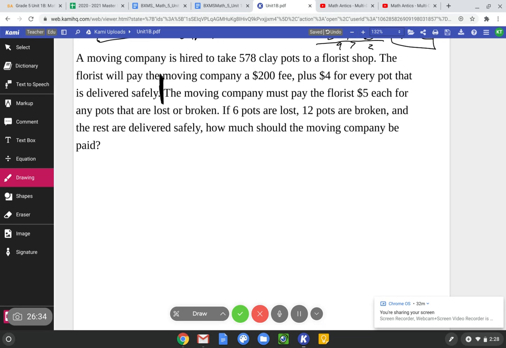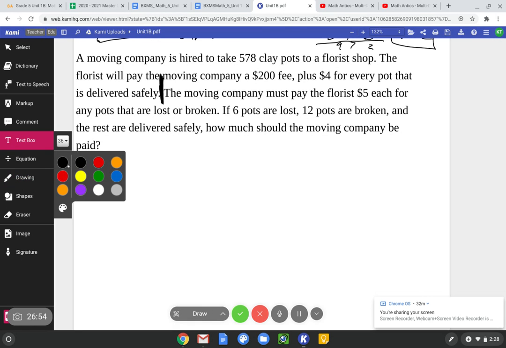So how much is the moving company going to get initially if they don't make any mistakes? So the moving company has to move 578 clay pots. So 578 pots. Let's write this information down in a neat manner.